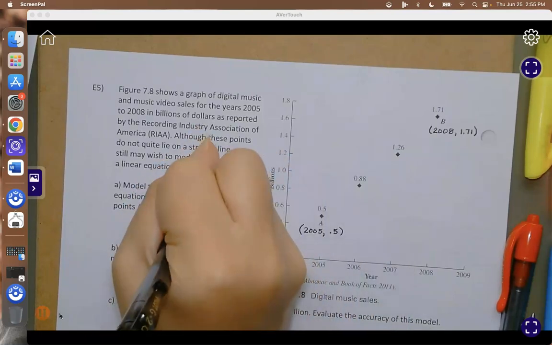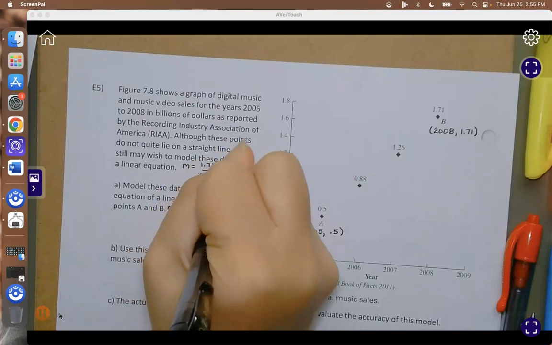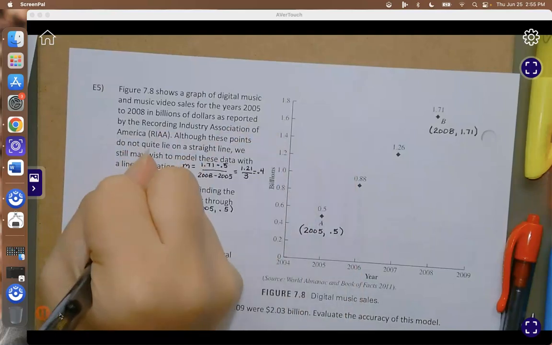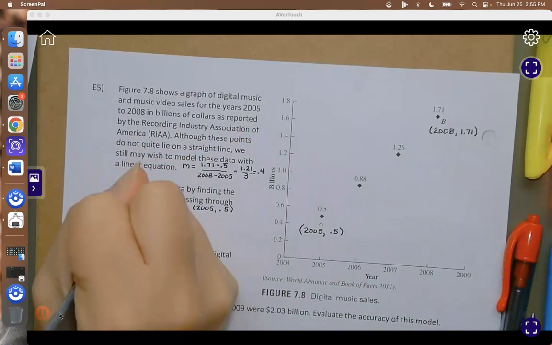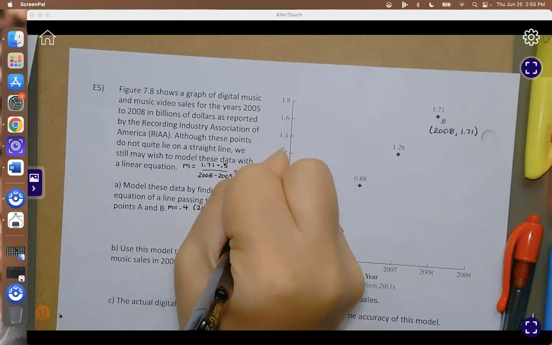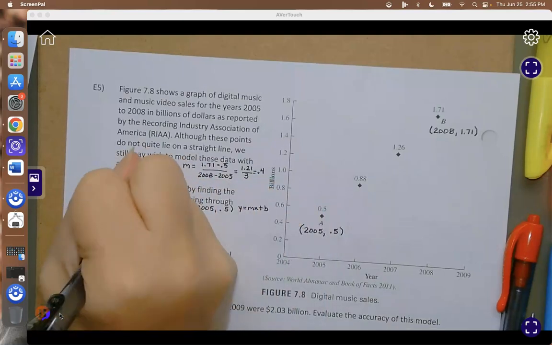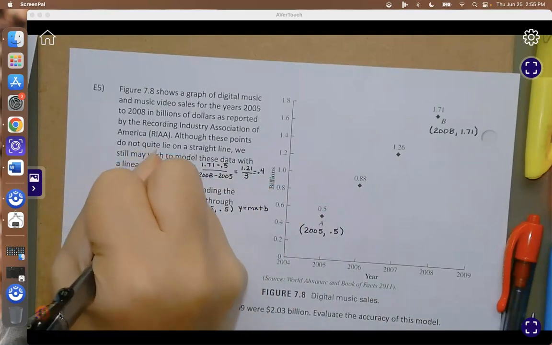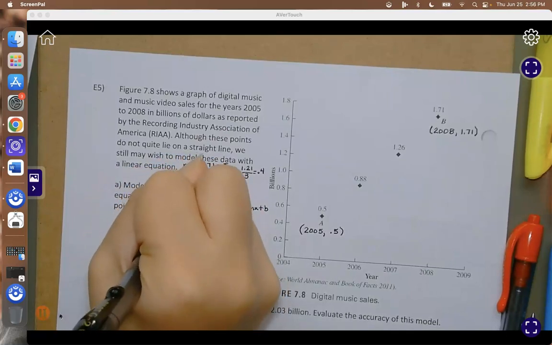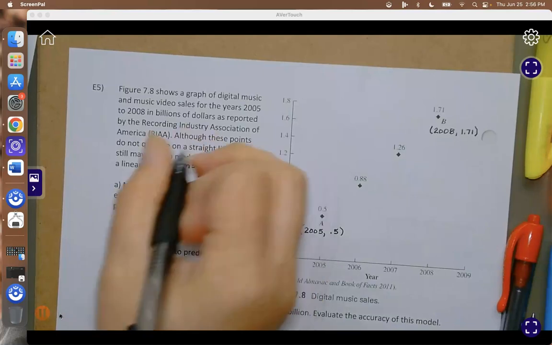Remember, I always use the first point. So 2005 and the 0.5. So we plug in where they go into y equals mx plus b. So the y is 0.5, the m is 0.4, the x is 2005 plus b.